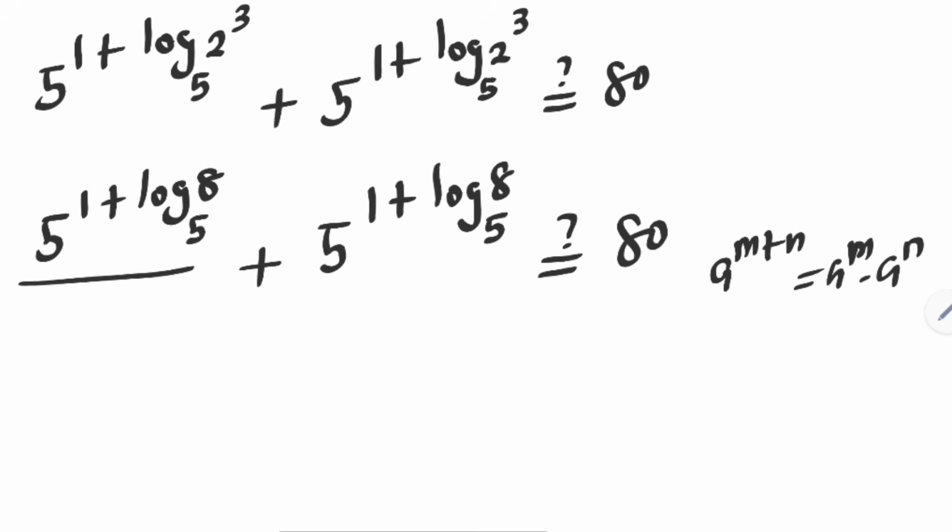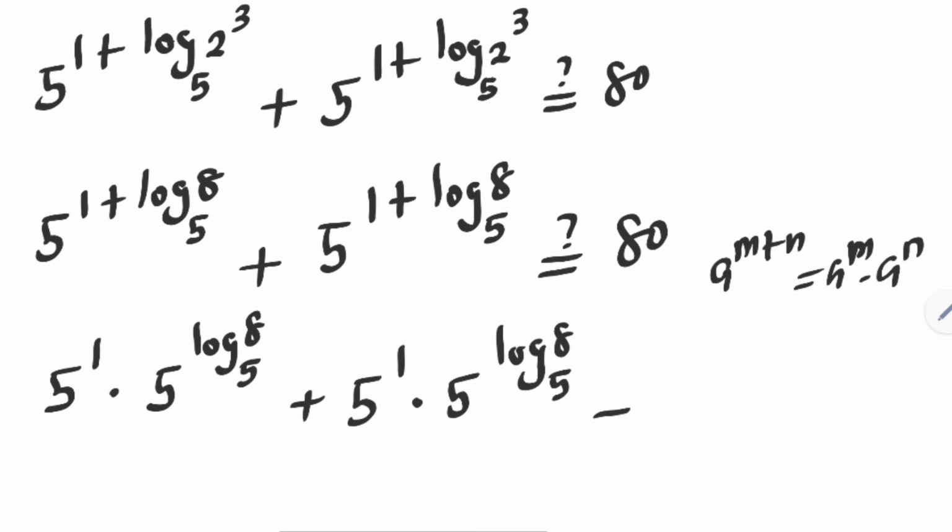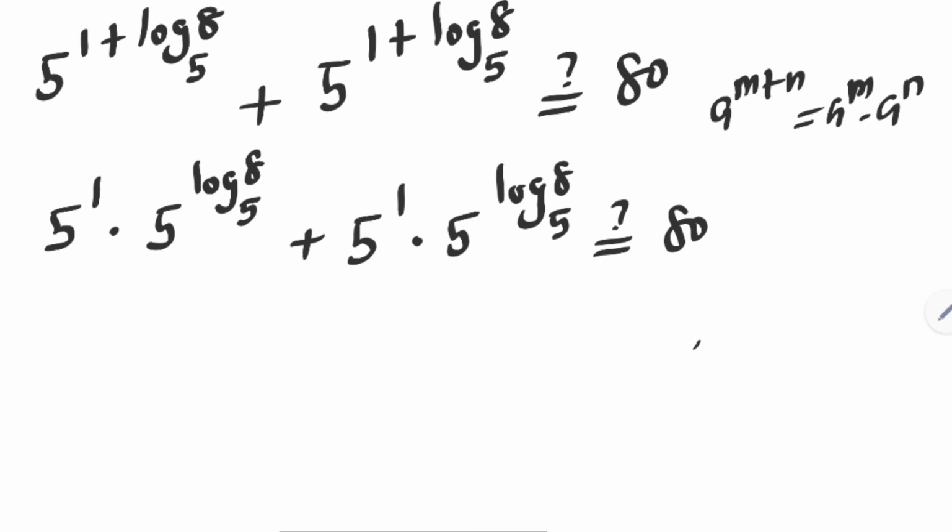Then this is 5 raised to power 1 multiplied by 5 raised to power log 8 base 5 plus 5 raised to power 1 multiplied by 5 raised to power log 8 base 5 must be equal to 80. If you have a raised to power log b base a, this is equal to b.